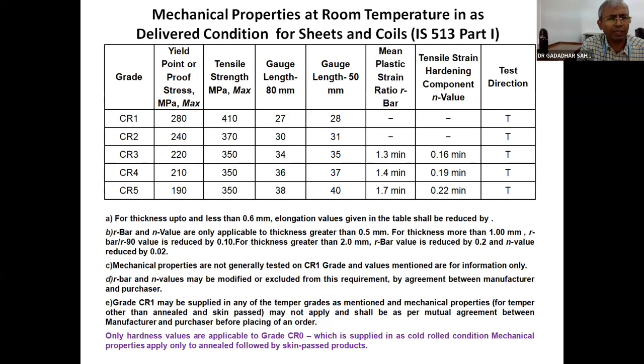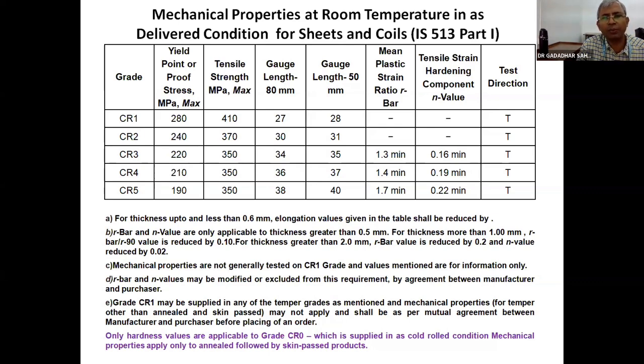But mostly it is gauge length 50 mm for elongation. It is a customer requirement, and we measure our gauge length on our universal tensile test machine with gauge length 50 mm. So that way we provide properties.